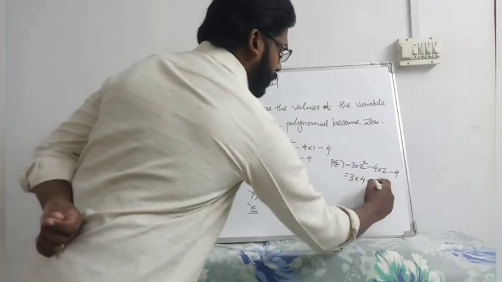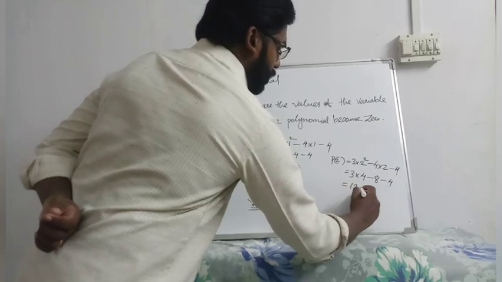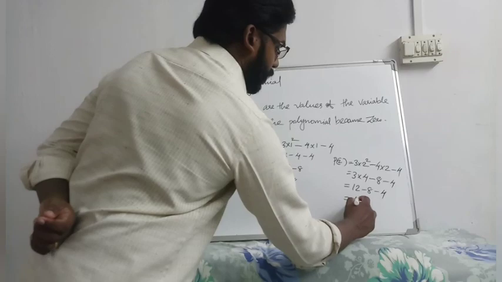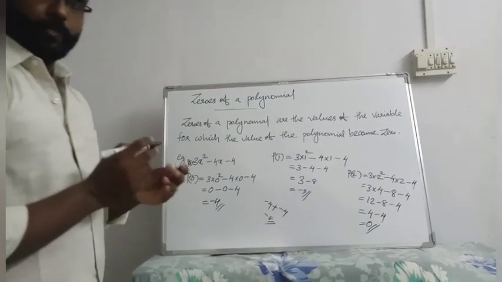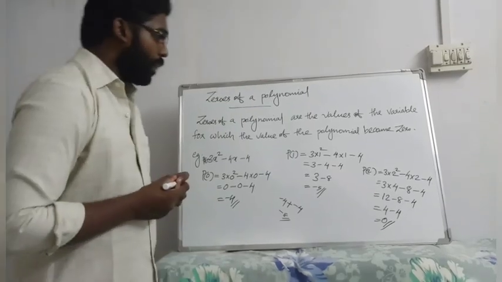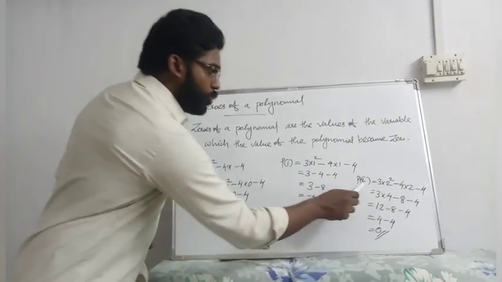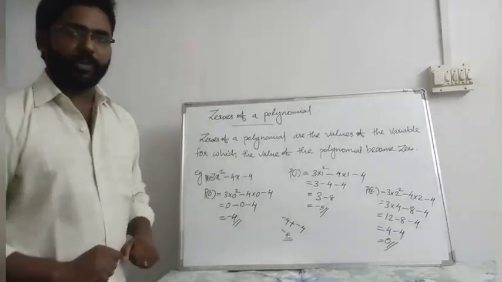Minus 4 into 2, minus 8, minus 4. 12 minus 8 is 4, 4 minus 4 is 0. So the polynomial is now 0. Therefore we can say 2 is a zero of this polynomial.